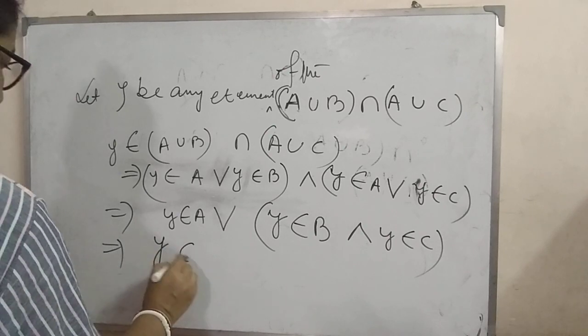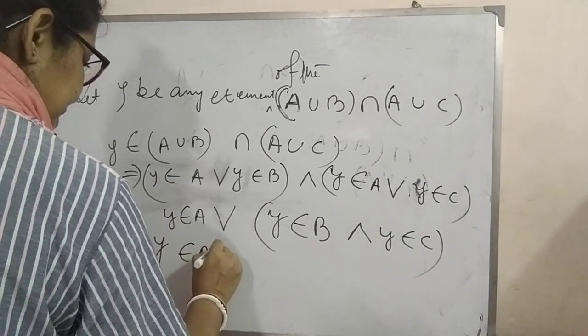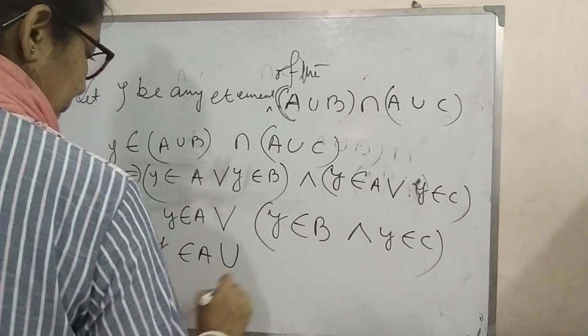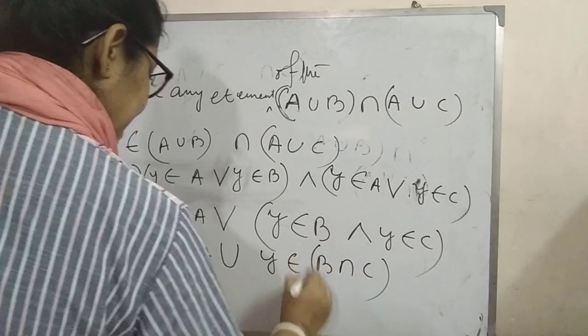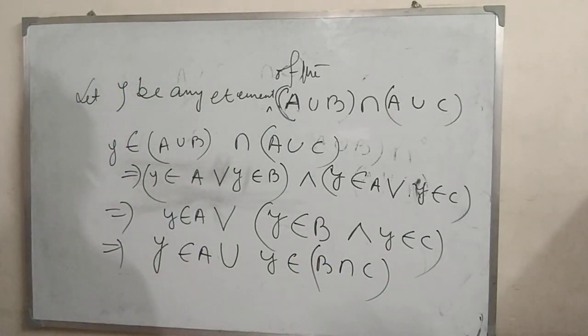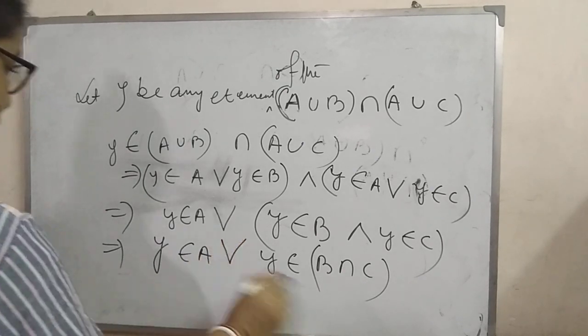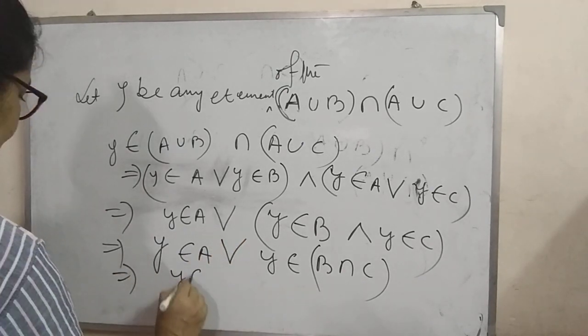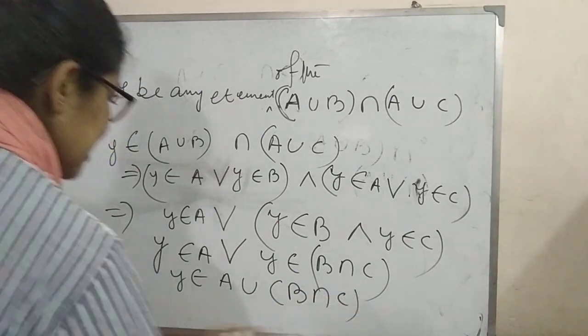That means Y belongs to A union Y belongs to B intersection C. Y belongs to this and Y belongs to this. That means Y belongs to A union (B intersection C).